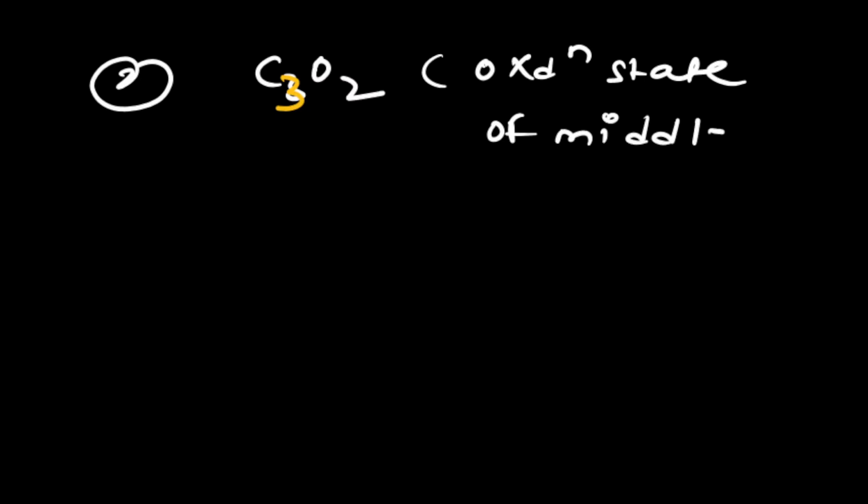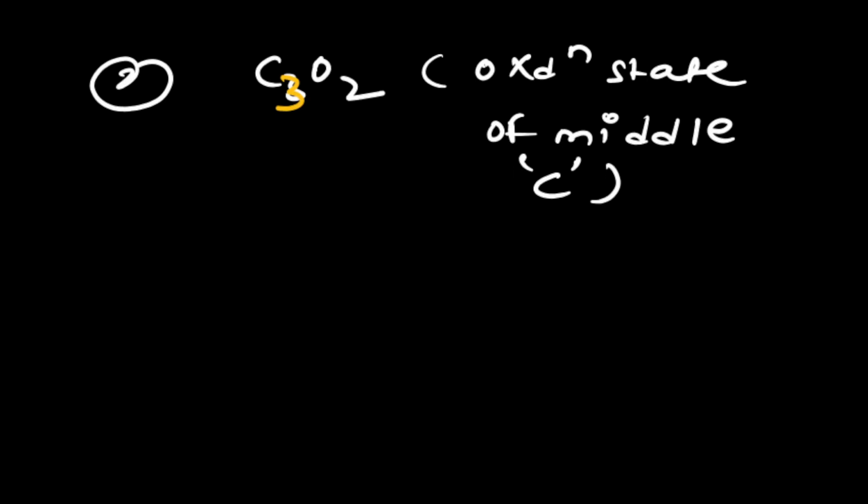Most of the cases they are asking, what is the oxidation state of the middle carbon in this compound? Then without knowing the structure of this compound, we may not predict the middle carbon's oxidation number.